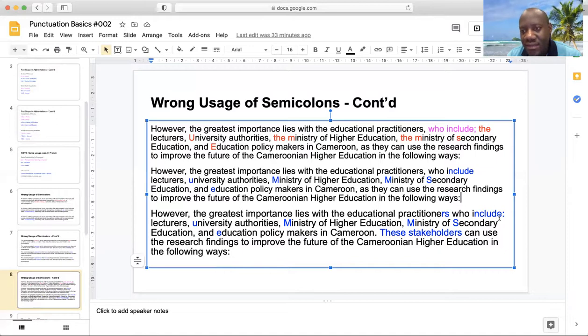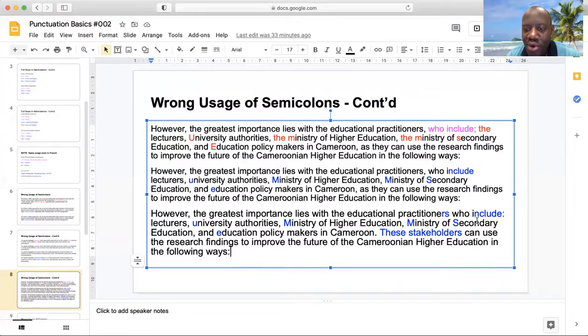And again, it is even preferable that after include here, you should just go straight to the point and don't put in a colon. In that case, if you go straight to the point and you don't put a colon, then this colon would just be fine here. But what I did is that I also broke down the sentence this time around into two sentences, so that the second sentence continues and you see has something that links it to the first, and then it actually has its colon introducing a list, and so it becomes perfect, good, without any problem.